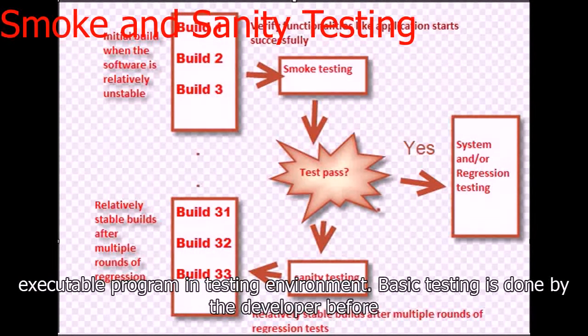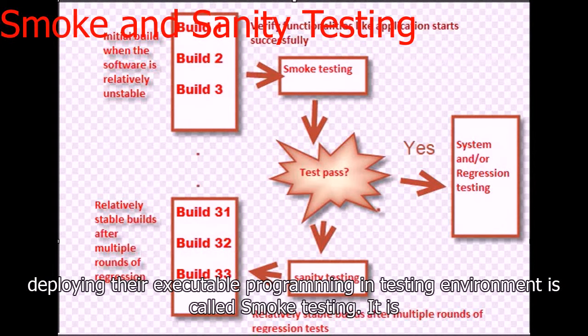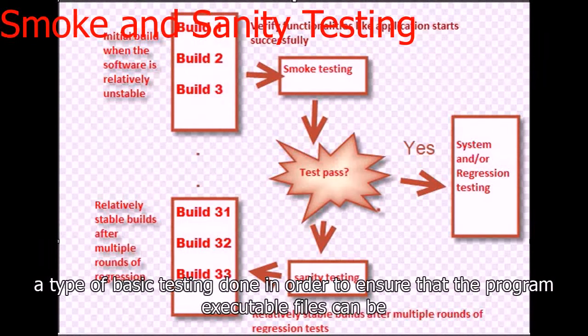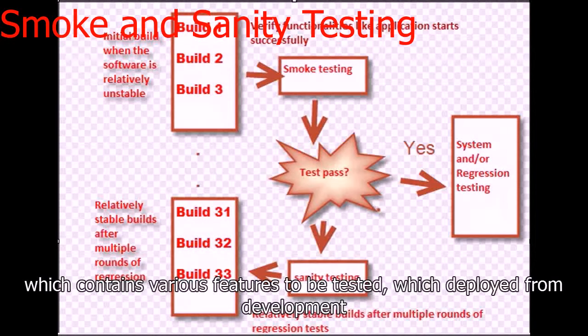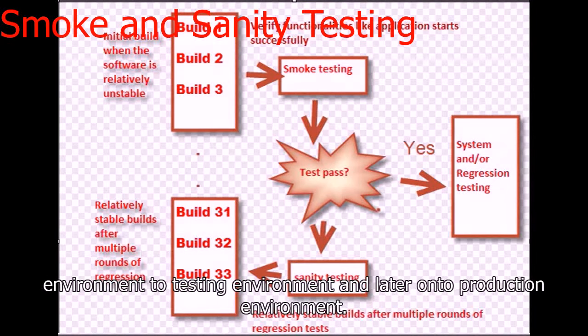This basic testing done by developers before deploying their executable program in the testing environment is called smoke testing. It is a type of basic testing done to ensure that the executable files can be subjected to further testing. So we can say that a software build is a program executable file which contains various features to be tested when deployed from the development environment to the testing environment and later on to the production environment.